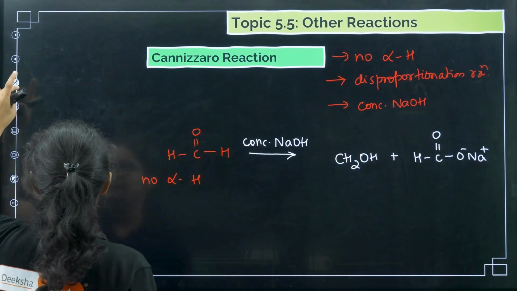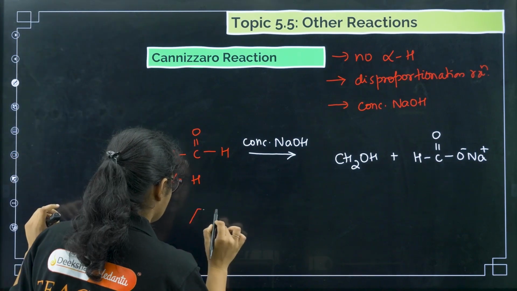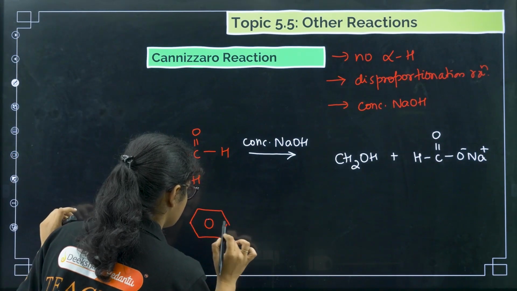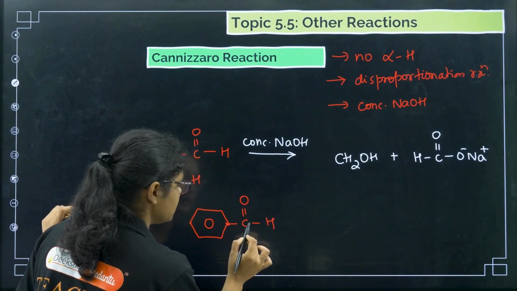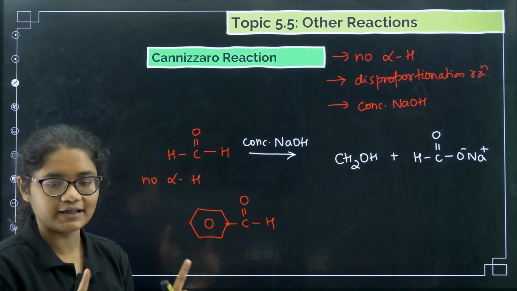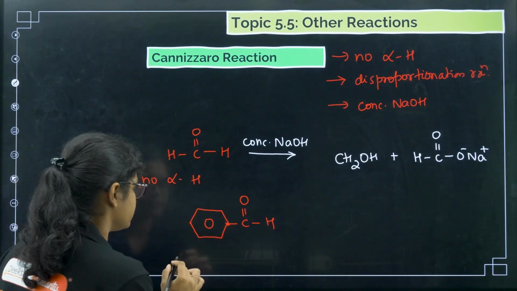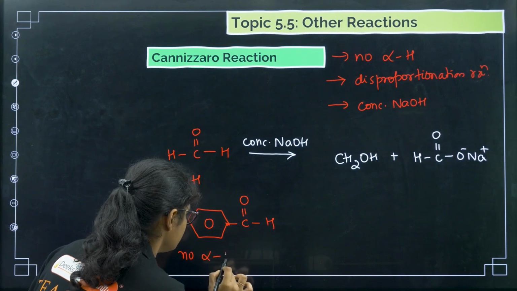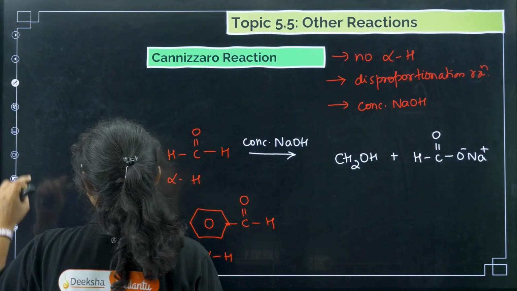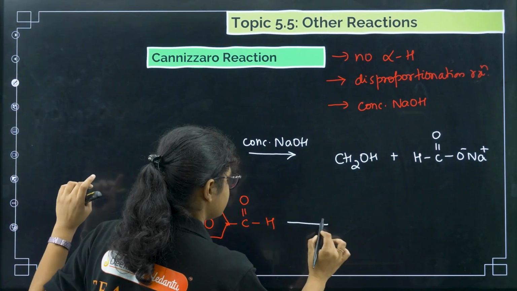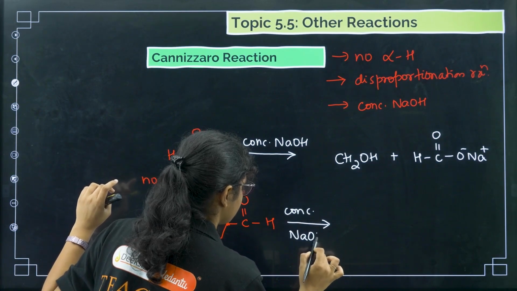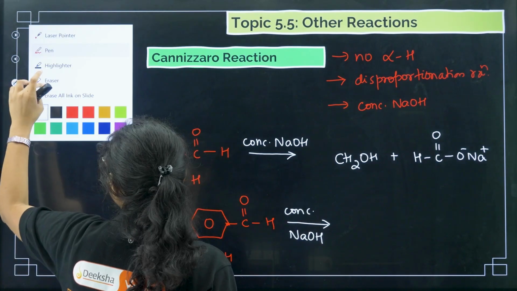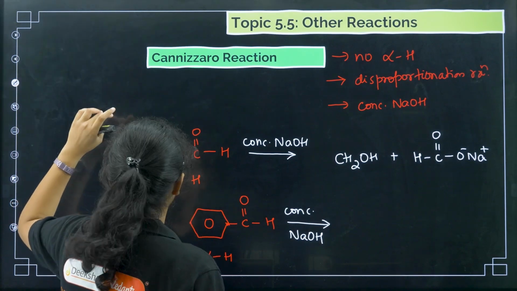One more example, you can take benzaldehyde, right? So this is the alpha carbon, but here if you see, this carbon has no hydrogen, so this also has no alpha hydrogen, so it can show Cannizzaro reaction. What is the reagent required? Concentrated NaOH, right? So if this one is there, then what will be the product we'll get?